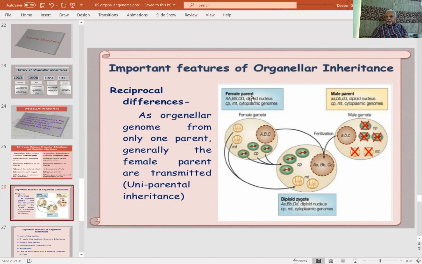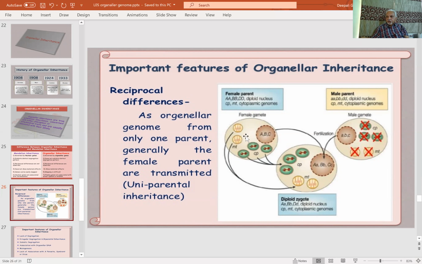Now, if you see here, this is the reciprocal difference we were talking about, which is responsible for uniparental inheritance. This is the female gamete and this is the male gamete, and A, B, C are the nuclear genes, and the male has the small a, small b, small c.